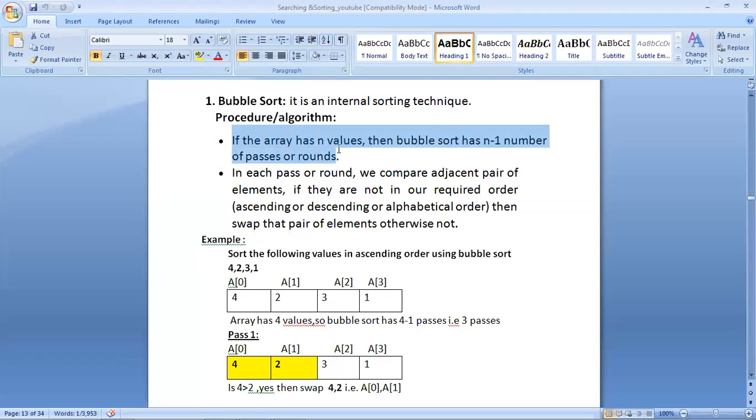If the array has n values, then bubble sort has n-1 passes or rounds. In each pass or round, we compare adjacent pairs of elements.